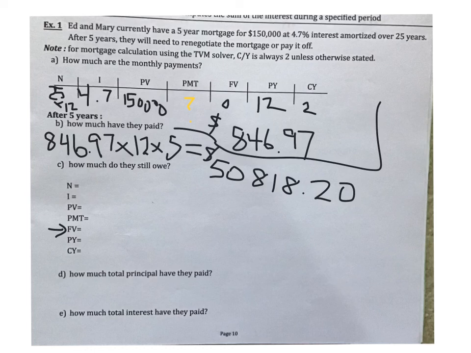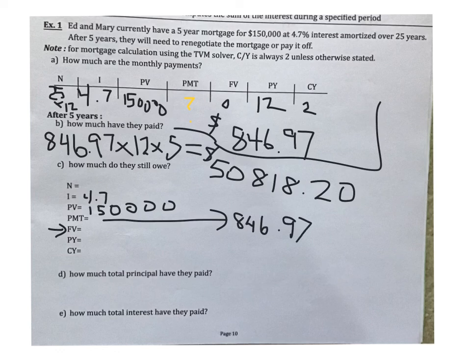So basically the loan is at a 4.7% interest. The PV was 150,000. We now know the payment, and that goes in for your payment, right? Your payment is $846.97.